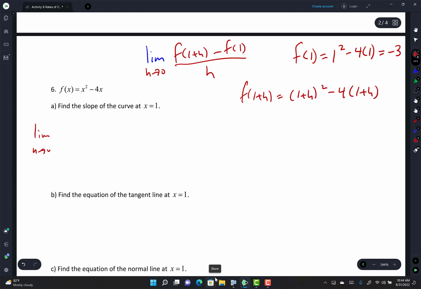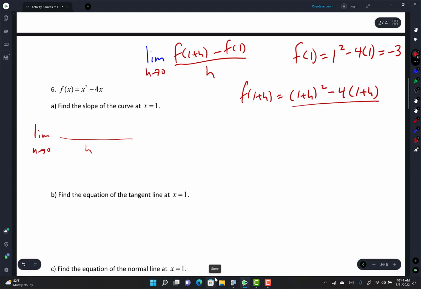Limit as h approaches 0 of whatever you get when you expand that, minus -3, all over h. Expand it: 1 plus 2h plus h squared minus 4 minus 4h.